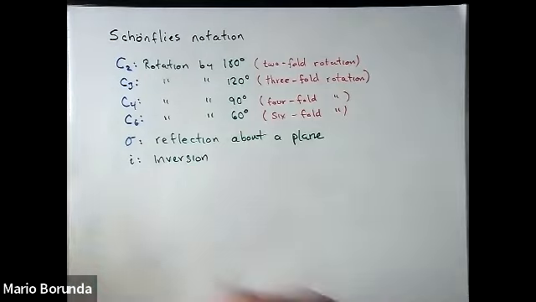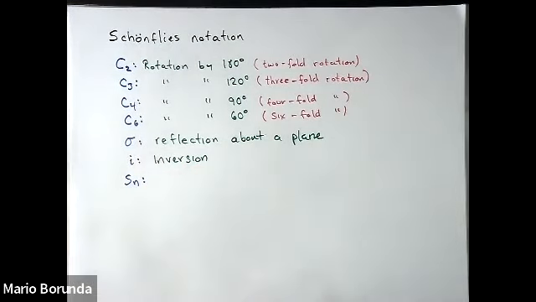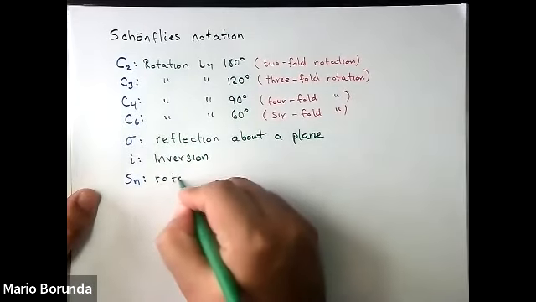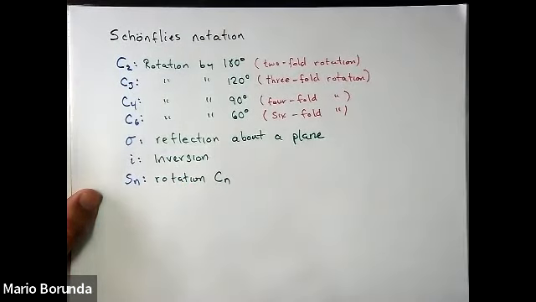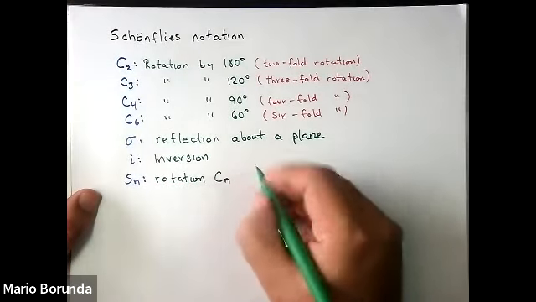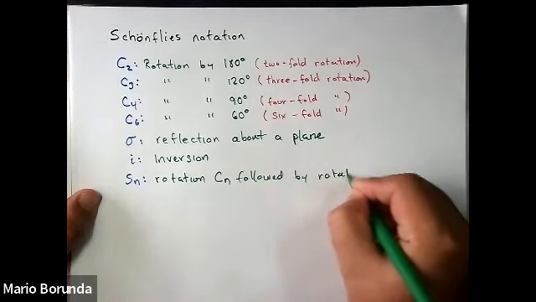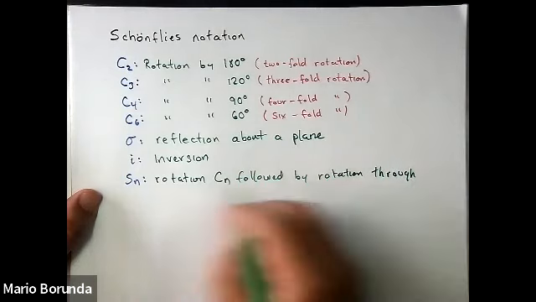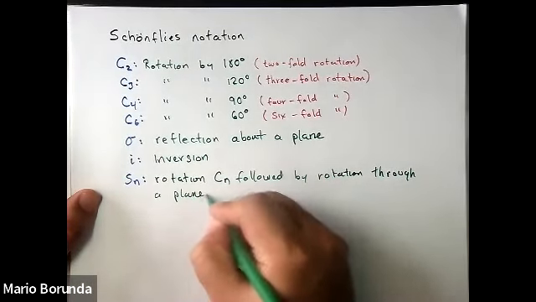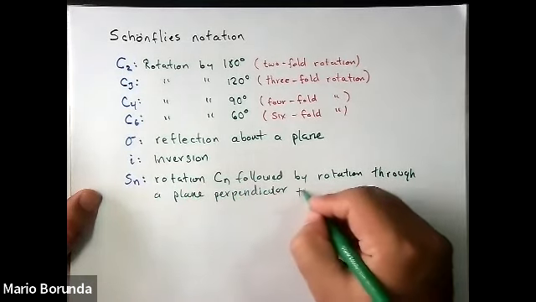Another one that I gave you in the packet is SN. And what this is that it's going to be a rotation Cn followed by rotation through a plane perpendicular to rotation axis.